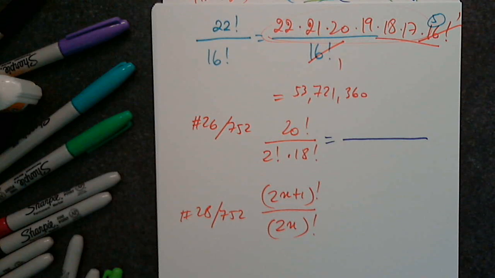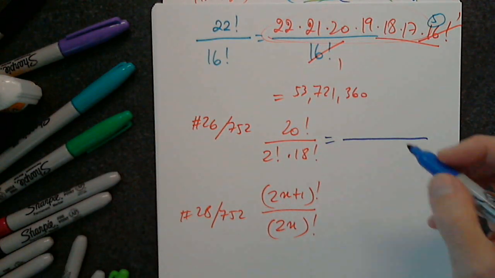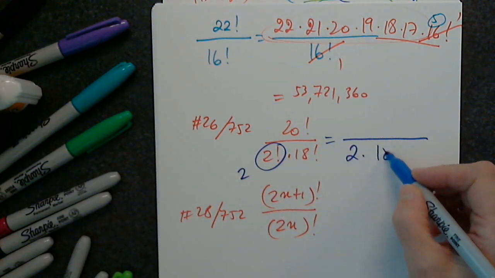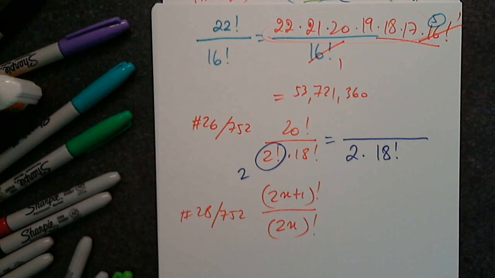Which one of the 20 and 18 is bigger? 20. So then this is nothing else but 2, so I'm going to copy 2. I'm going to copy 18 factorial because we know that 2 factorial is 2 times 1. And the numerator is 20 factorial. What do I have to write?